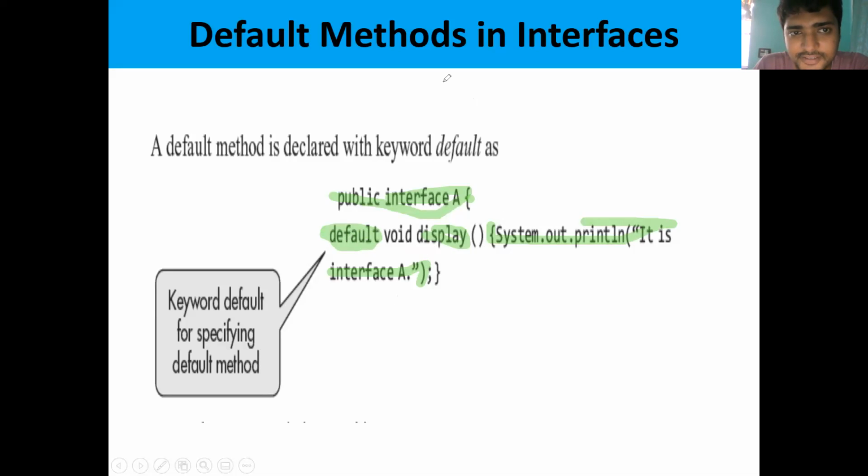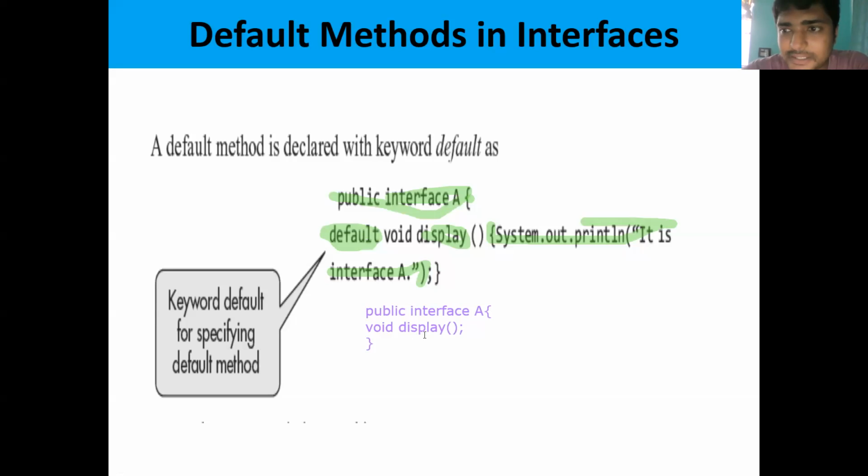So the general interface syntax is: public interface A { void display(); }. This is the general interface definition, and we don't have the method definition here.